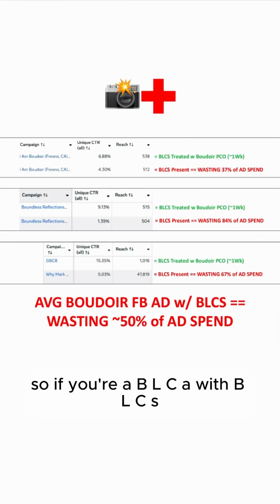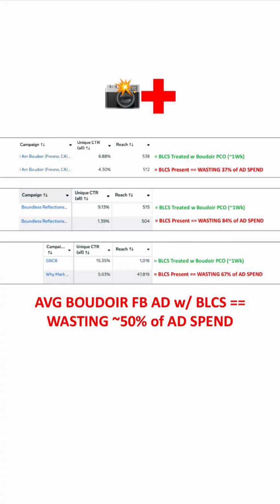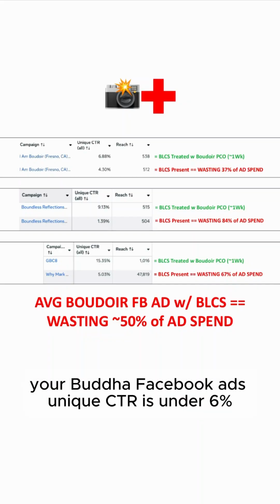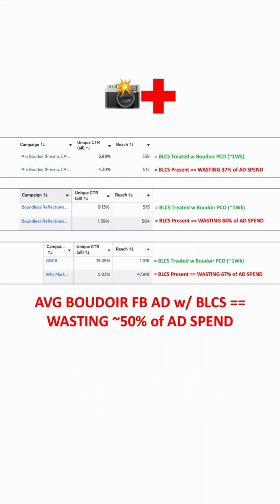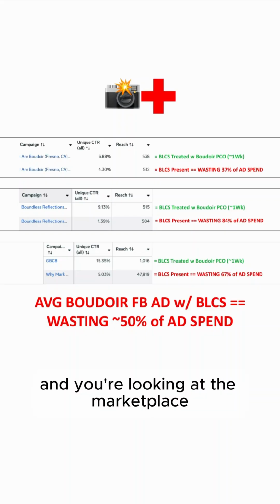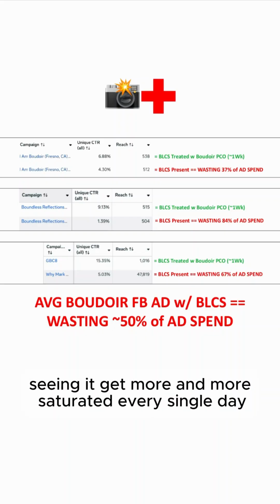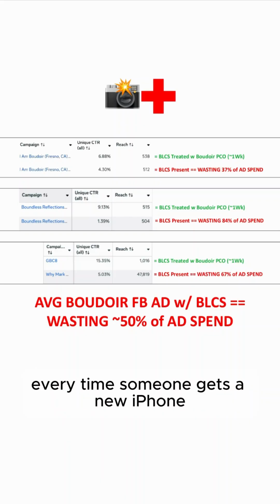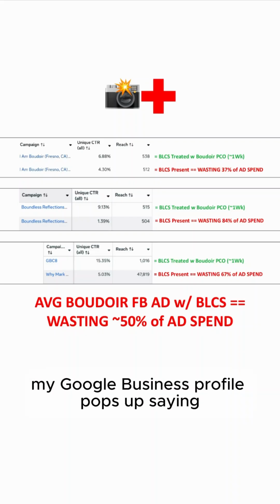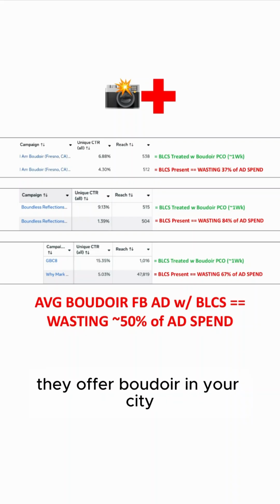So if you're a BLCA with BLCS, a boudoir low click advertiser with boudoir low click syndrome, your boudoir Facebook ads unique CTR is under 6%, and you're spending more than 10 grand a month on boudoir Facebook ads, and you're looking at the marketplace, seeing it get more and more saturated every single day. Every time someone gets a new iPhone, it seems like a new Google business profile pops up saying they offer boudoir in your city.